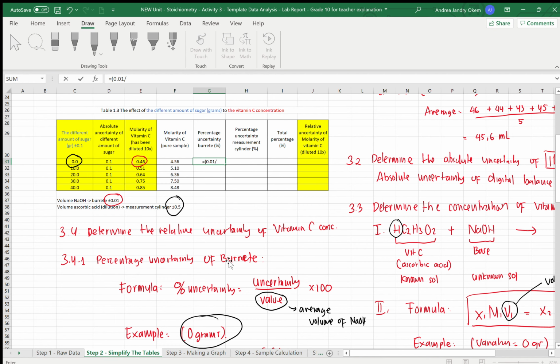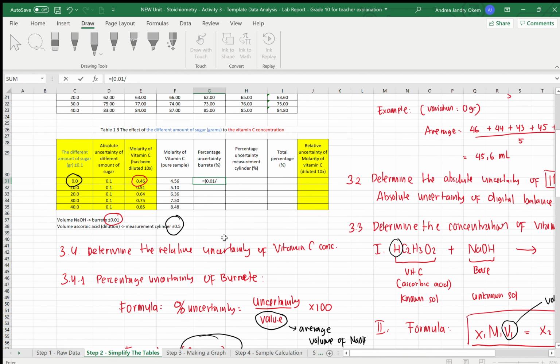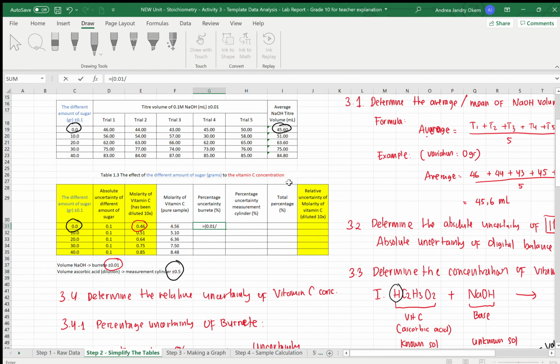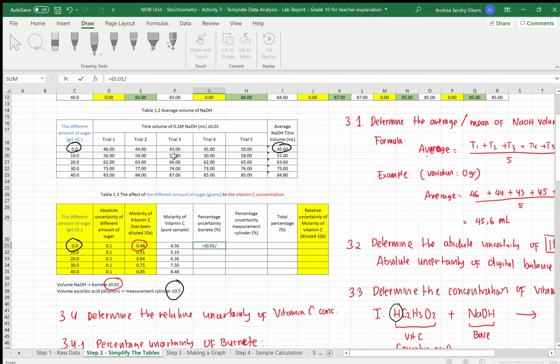Now, because the one that I want to measure is 0 grams, I need to select the average of NaOH volume belonging to the 0 grams. There is a dot line there, and then close the bracket.